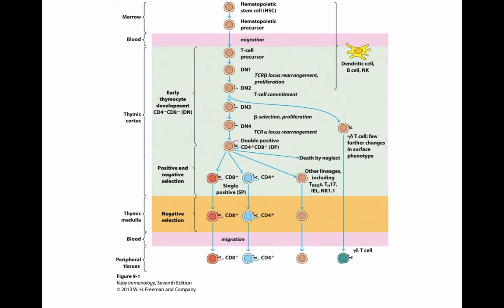So let's just start with the hematopoietic stem cells in the bone marrow. They can become any kind of blood cell, white blood cells or red blood cells. Well, these become precursor cells that are pre T cells, or pre thymocytes, and they migrate using specific receptor markers on them to know when they get to the right place.